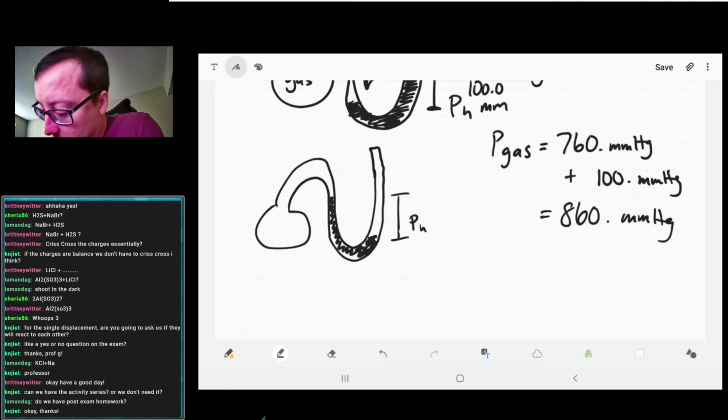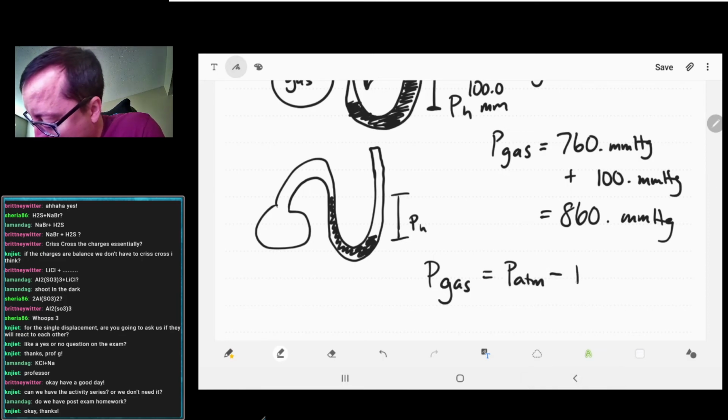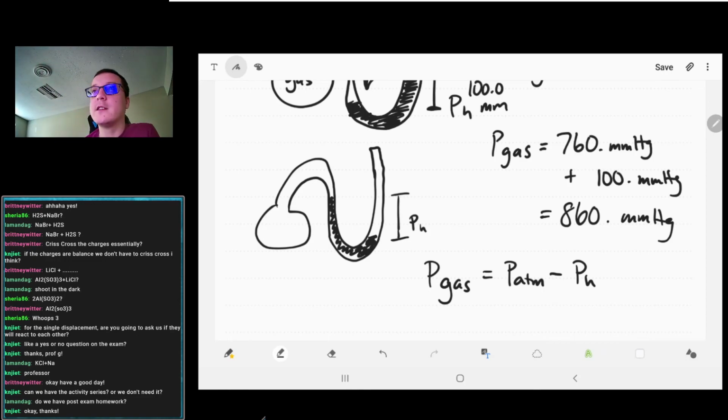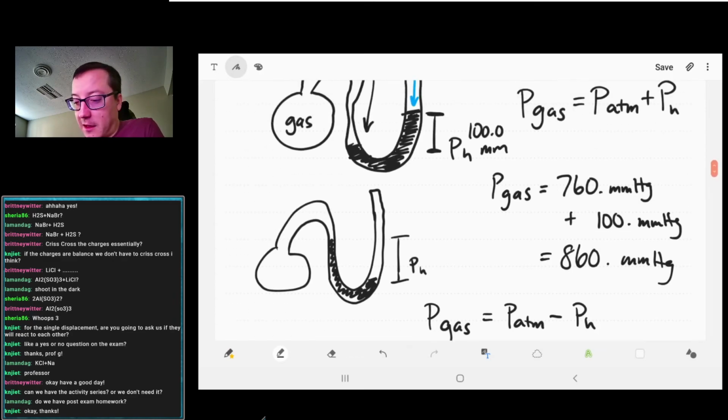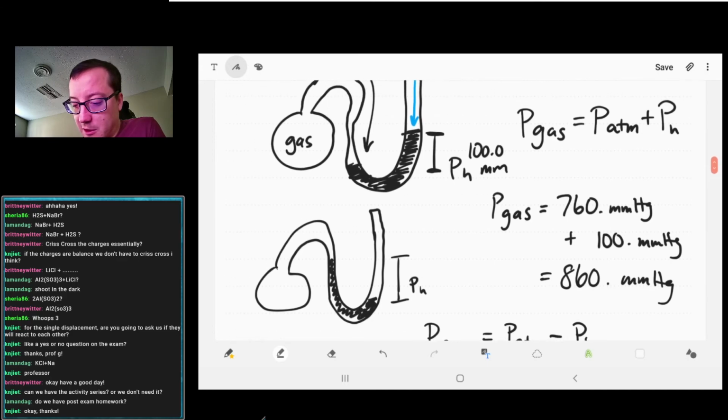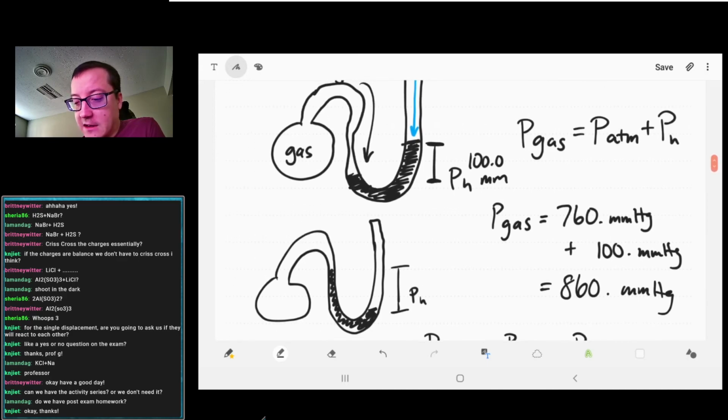You would say, okay, the pressure of your gas is your atmospheric pressure minus the difference in height of those two levels. You'd be able to determine which one is lower by looking at the manometer itself.